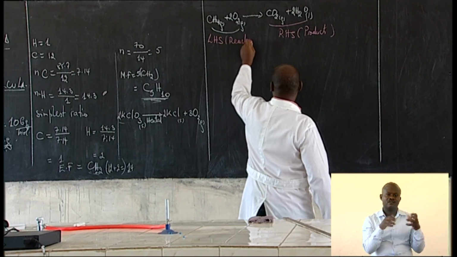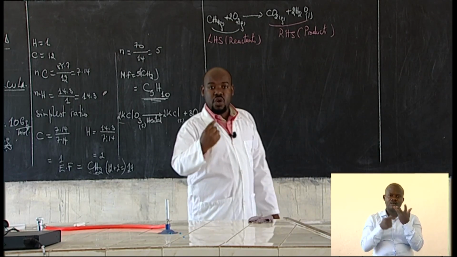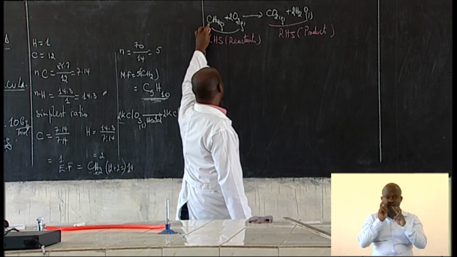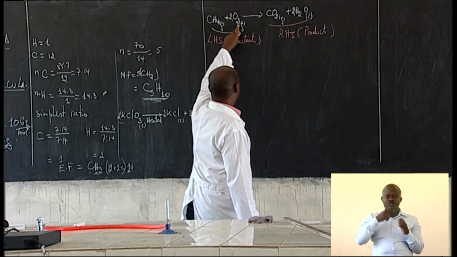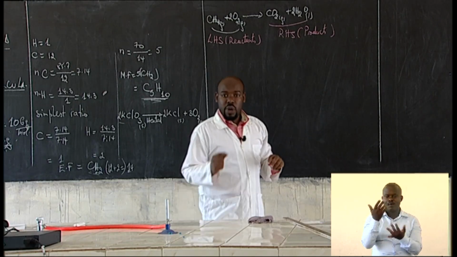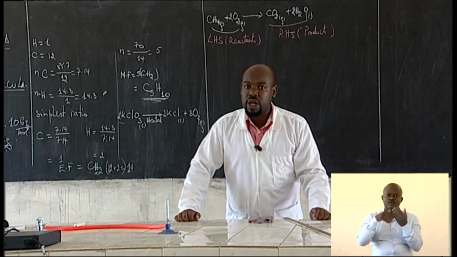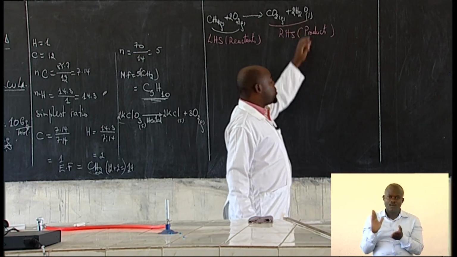You can see that reactants are related to the products by the use of moles. For example, we can see that 1 mole of methane gas needs 2 moles of oxygen to completely burn. And when it burns completely, we produce how many moles of carbon dioxide? We produce 1 mole. And here we produce 2 moles.